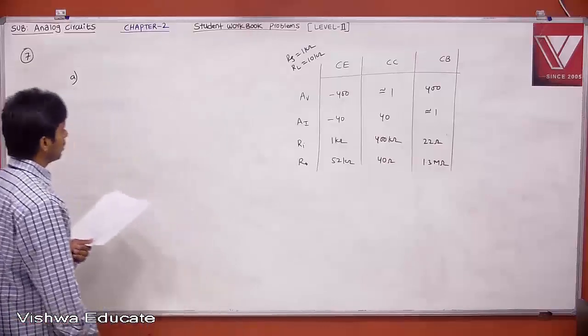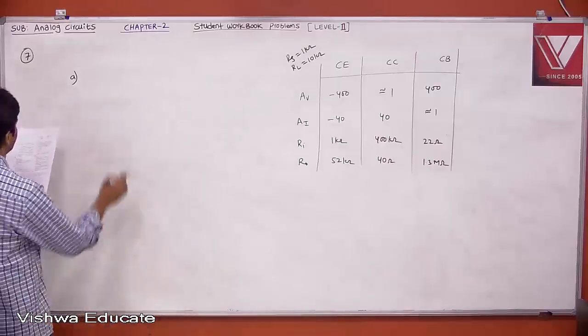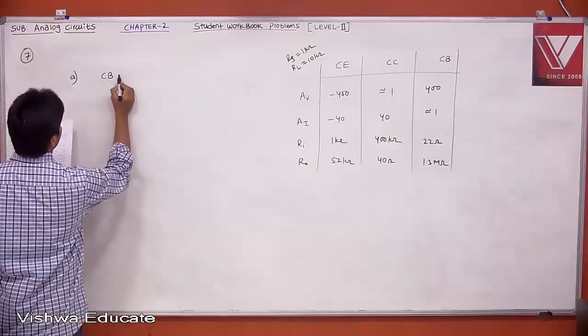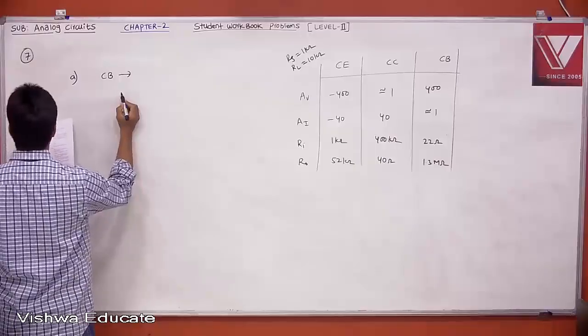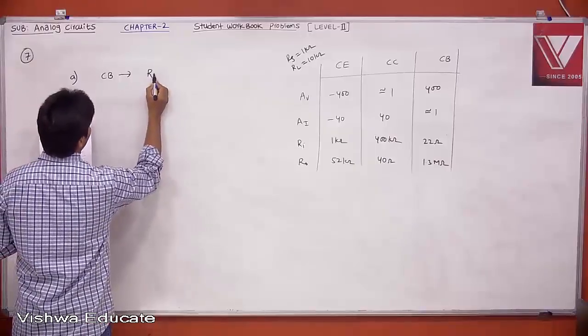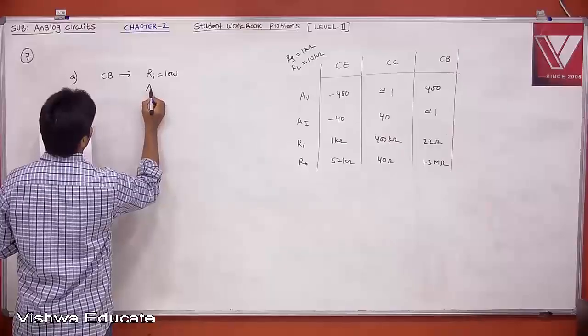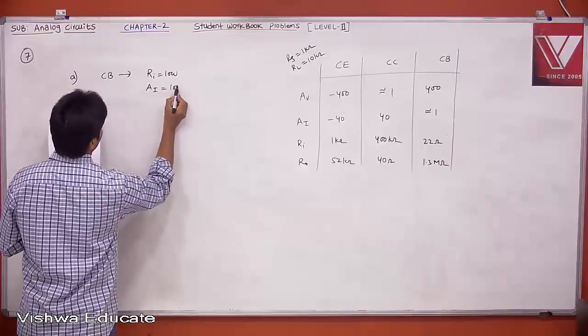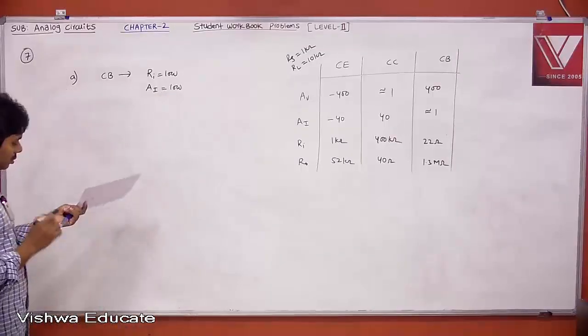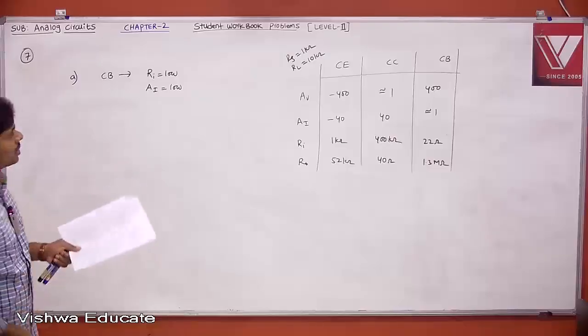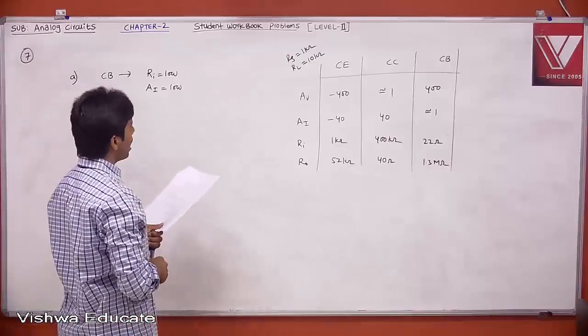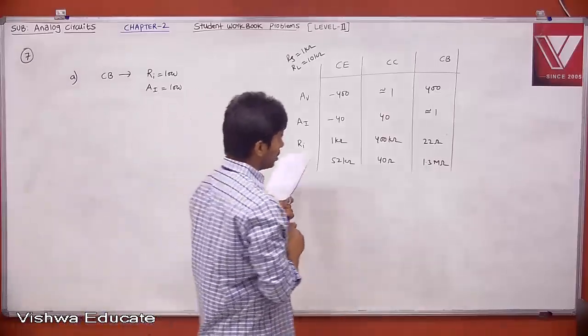Okay, now let's see. What is option A? Your CB amplifier has low input impedance, meaning RI is low, and low current gain. Is it true? Your common base amplifier has RI low.